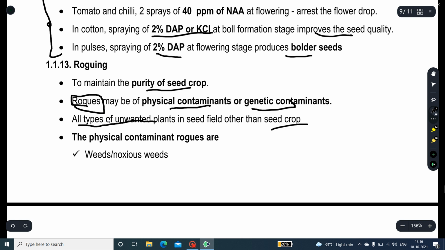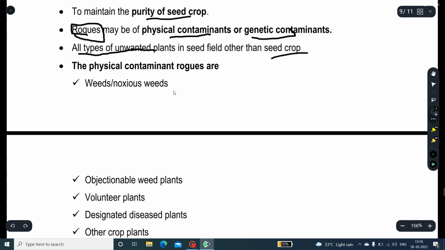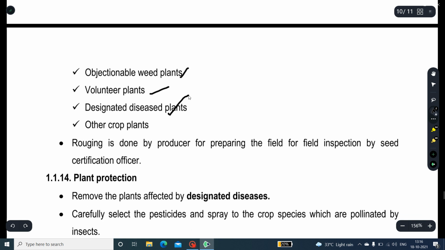This process of removing the rogues is called roguing. The physical contaminants may be weeds or noxious weeds, objectionable weed plants, volunteer plants, designated disease plants or other crop plants. Mostly roguing is done by the producer who is producing the seed, for preparing the field for seed inspection by the seed certification officer.